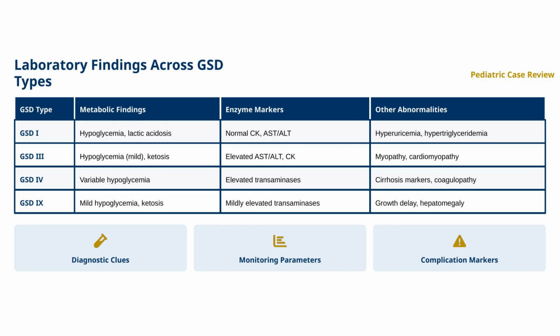GSD type 4 demonstrates variable hypoglycemia, elevated transaminases, and markers of cirrhosis and coagulopathy. GSD type 9 shows mild hypoglycemia and ketosis, mildly elevated transaminases, growth delay, and hepatomegaly. These patterns help clinicians differentiate between GSD types and guide appropriate management strategies.